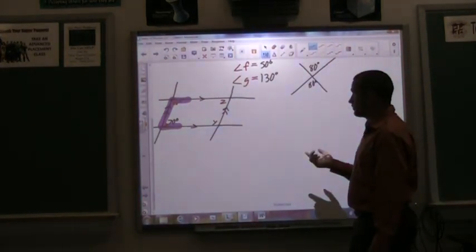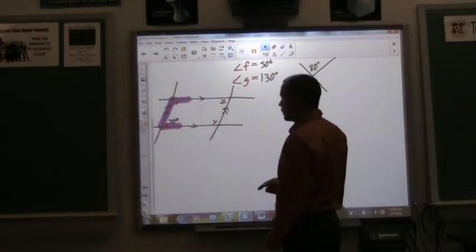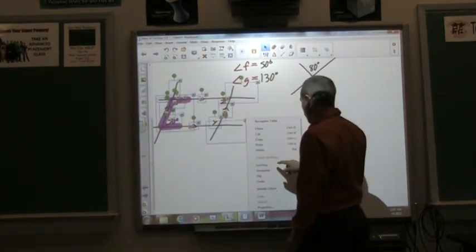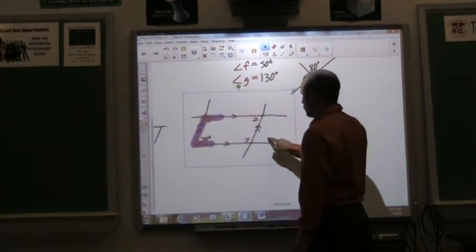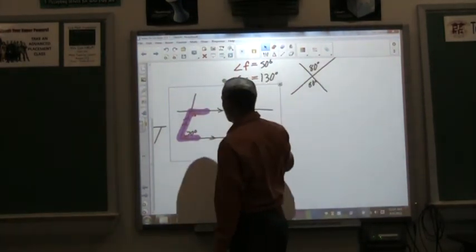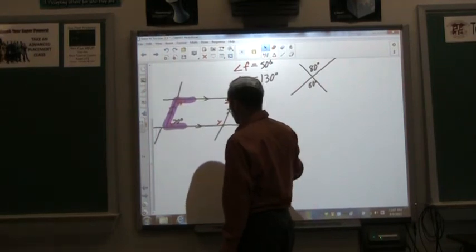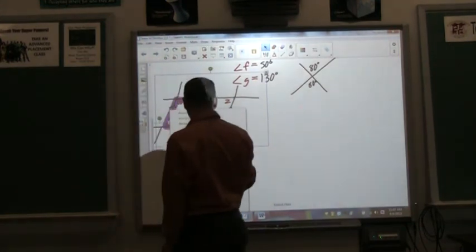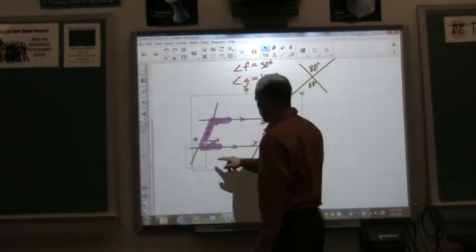Now, the hard part. This is where it's great. You have loose leaf, you can work with this. What I'm going to do is group these all together. Let's bring this down.